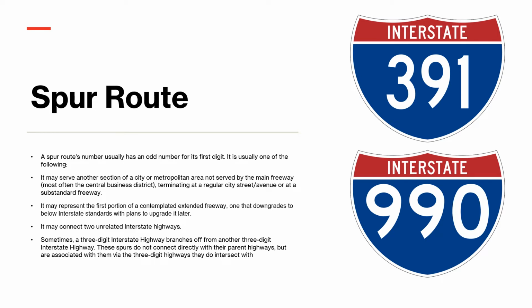Another example is I-695, a beltway around Baltimore, and you have a spur route that spawns from it, I-795, and it never connects with I-95 either.